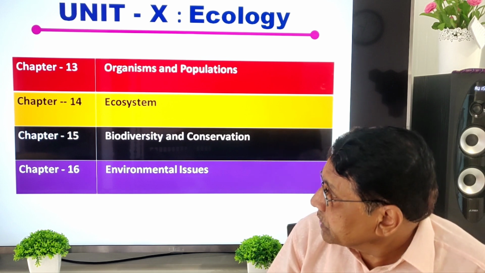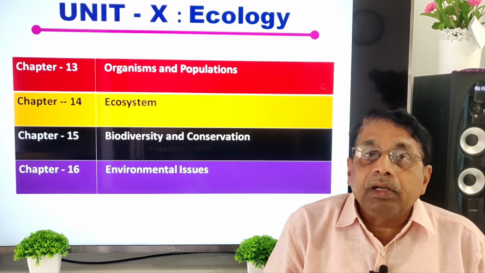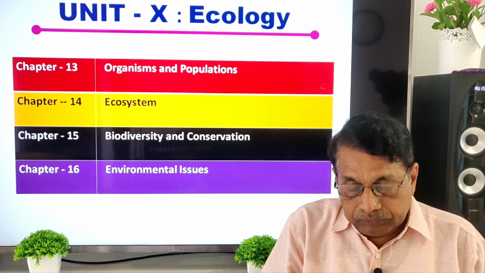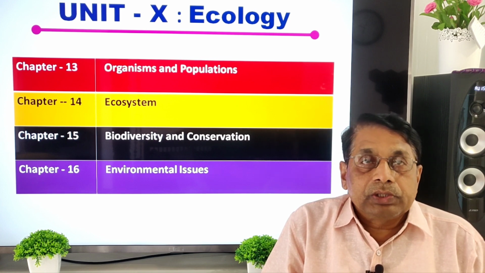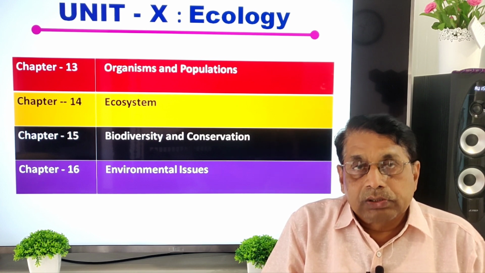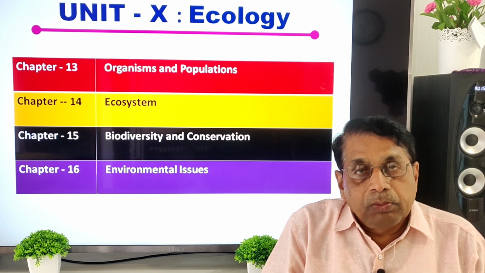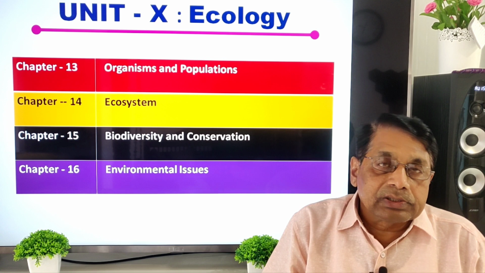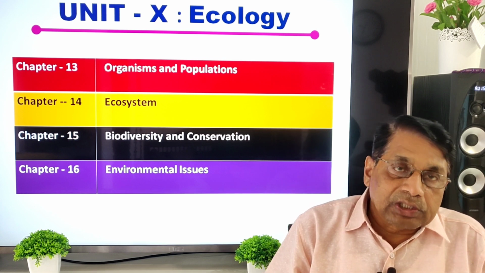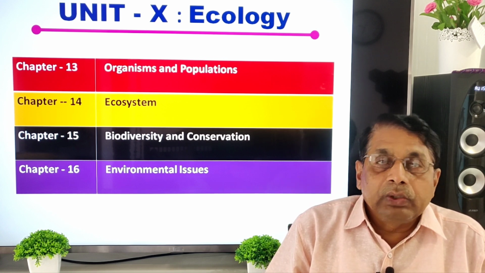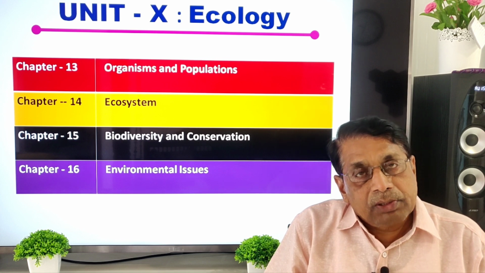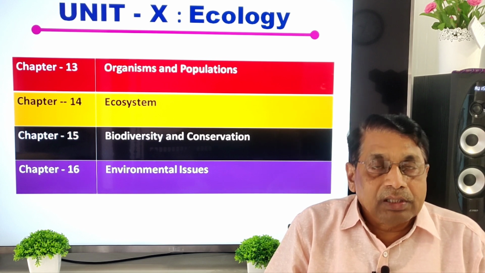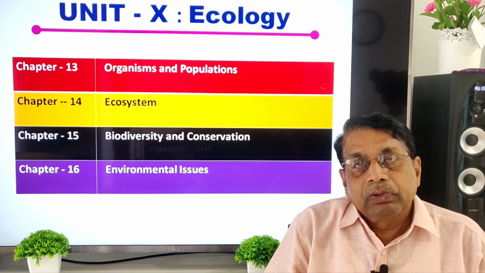Then chapter 16 deals with environmental issues. Environmental issues are there because human population is increasing, urbanization is taking place, industrialization is taking place, new agricultural practices are coming out. We are using so many chemicals.